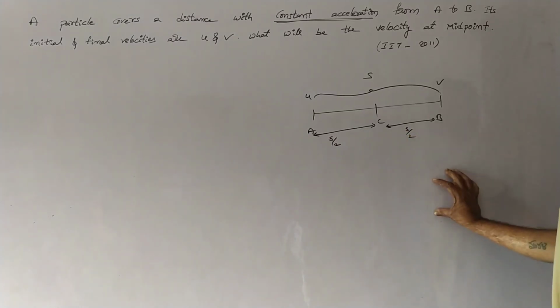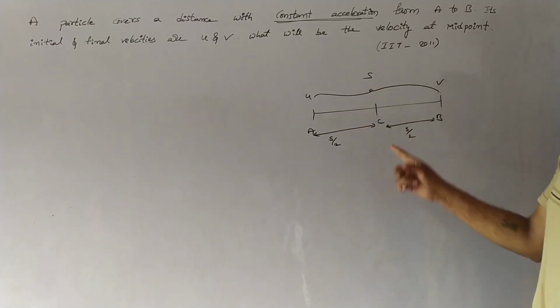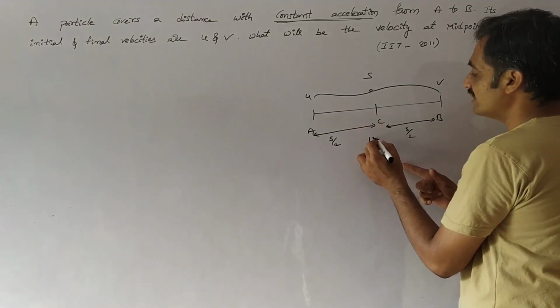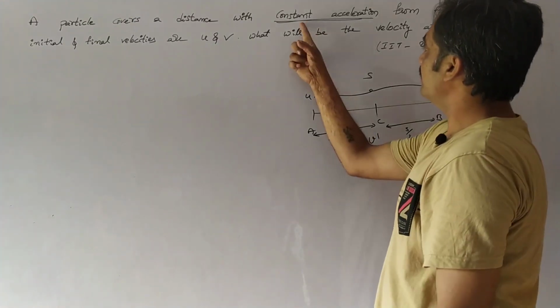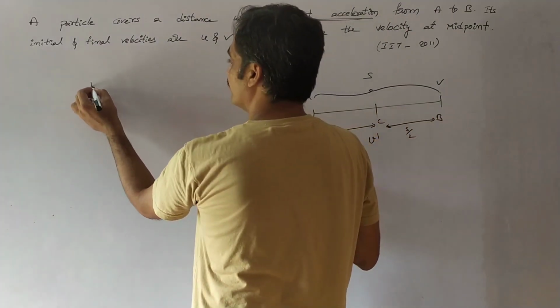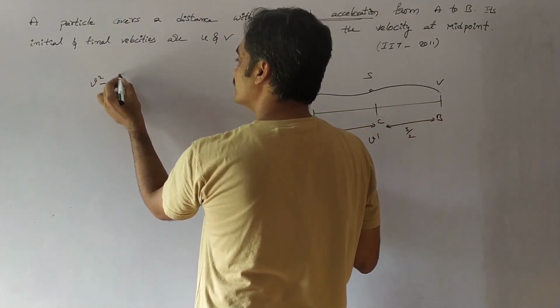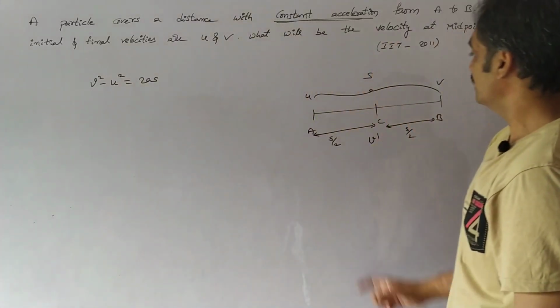Now based on this, we have to find the velocity at the point C. Let us consider the velocity at point C as v dash. Since we have considered constant acceleration, let us use the equation v square minus u square equals 2as.